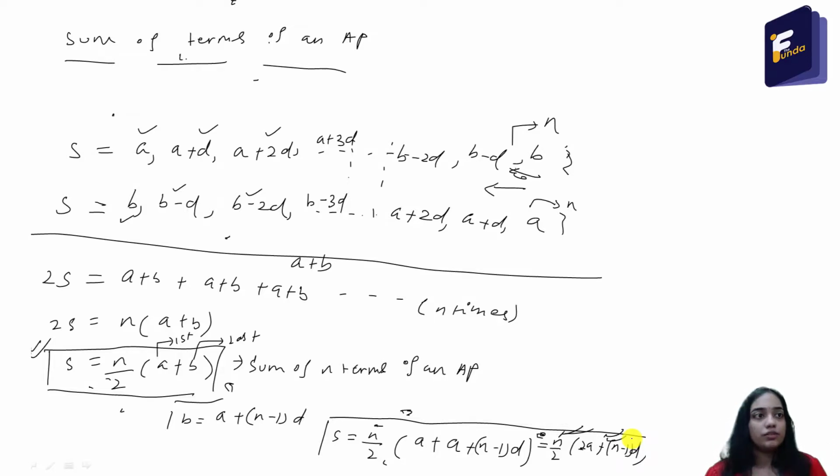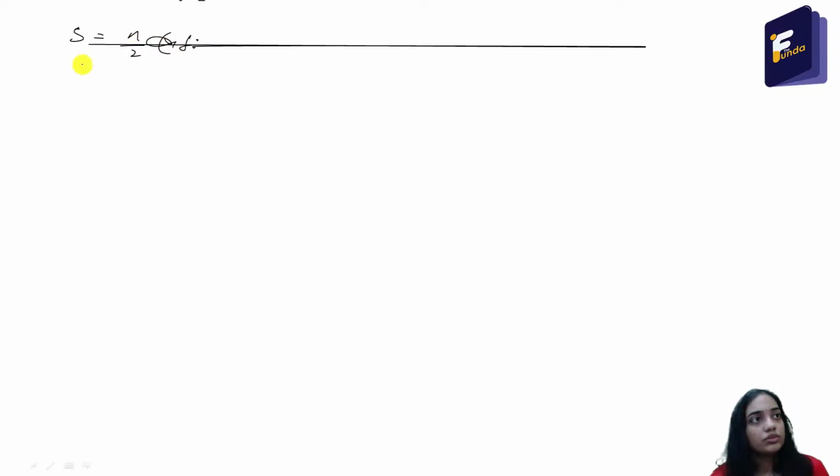So two formulas we have got. Sum of n terms of an AP is n by 2 into first term plus last term. Also, sum of n terms is equal to n by 2 into 2A plus n minus 1 D. Simple. Let me write these formulas again so that you can take a note of it. S equals n by 2 into first term plus last term.